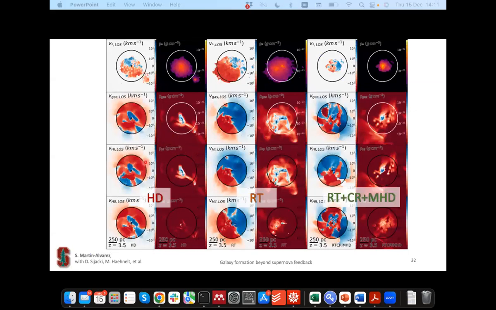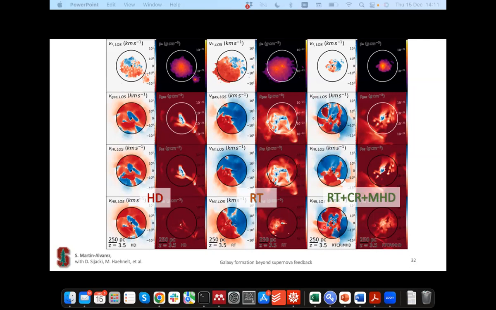This effect on the actual galaxy is also transferred to, for example, resolved kinematics. So one thing that we see in general is that if you have the hydrodynamical run, everything is looking quite smooth, and you have clear rotation patterns, in particular in the gas, whereas maybe not that much in the stellar component. But once you have cosmic rays and radiative transfer, you get misalignment between different components.